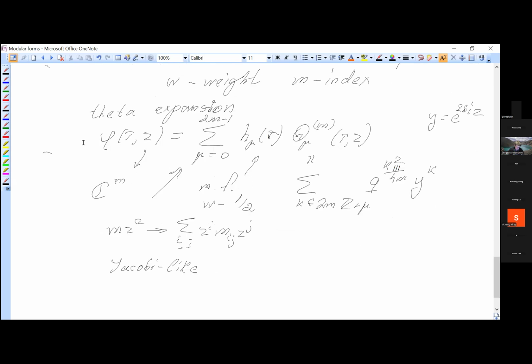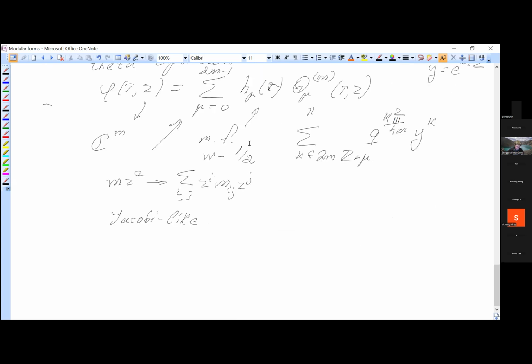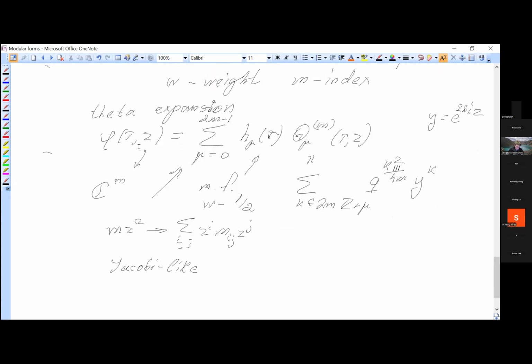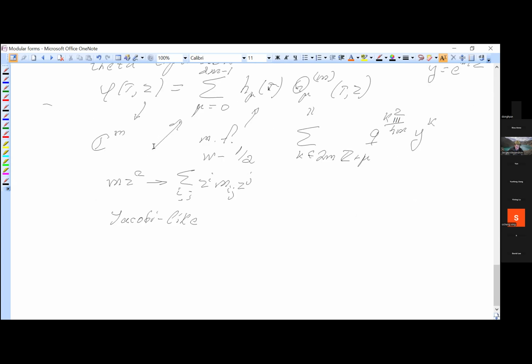And if phi is a mock Jacobi form, then h should be a mock modular form. If it's not mock, then h is not mock also. But is a Jacobi form a mock modular form? No. These are two different notions. We have modular forms, we have mock modular forms. Then we introduce Jacobi forms, and Jacobi forms have theta expansion in terms of modular forms.